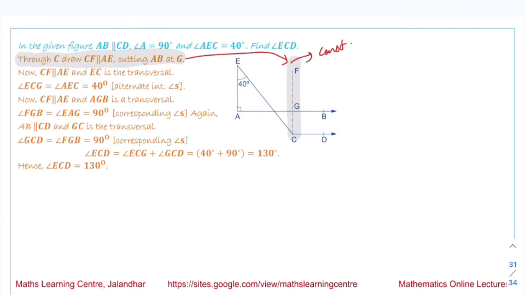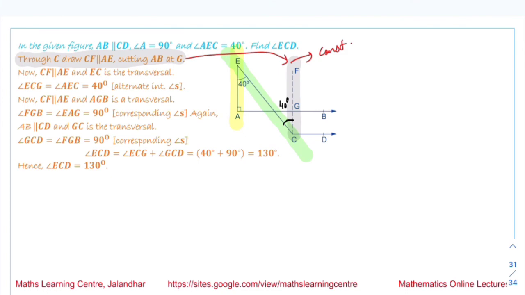Now CF is parallel to AE, the line that we have drawn over here, and the line EC is a transversal over here. So what we get from this is, if this angle is 40 degrees, then this angle is also equal to 40 degrees.